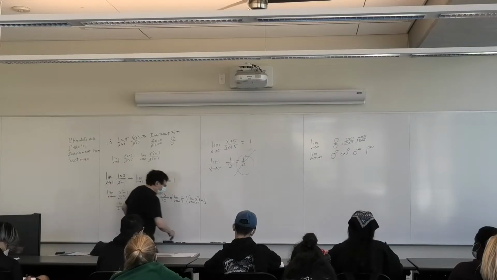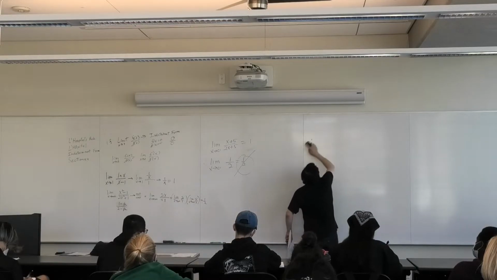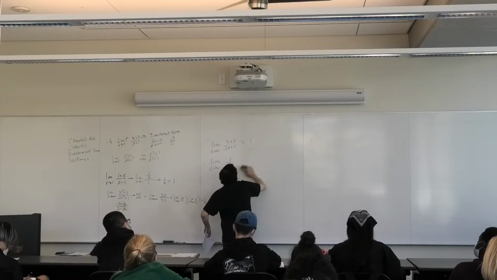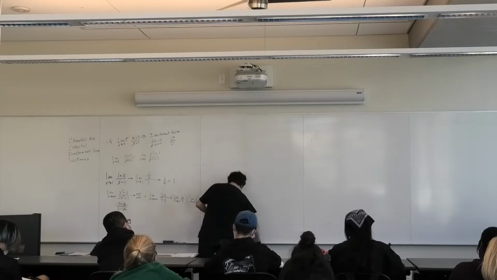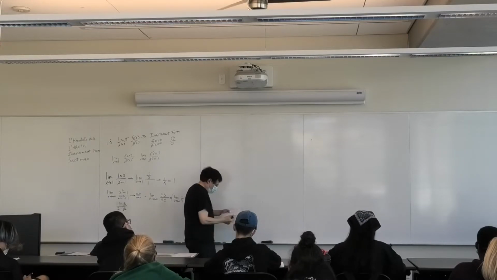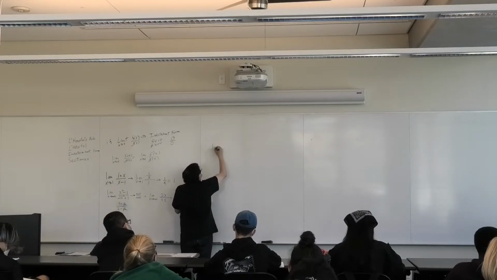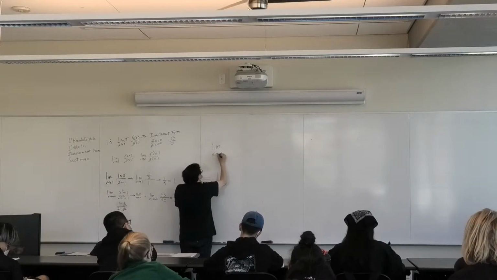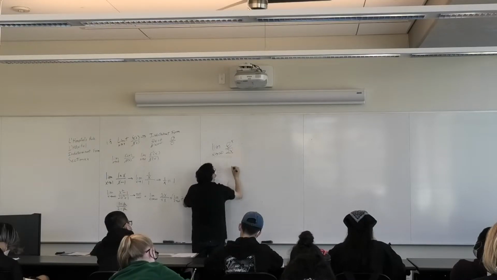We're going to take a look at some more interesting problems we can solve using this new tool. Limit as x approaches infinity of e to the x over 2x.